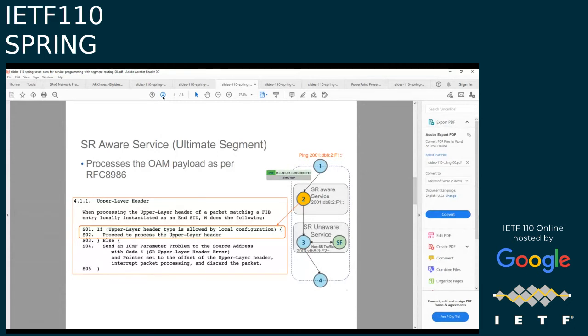Section 4.1.1 in that RFC says that if upper layer header processing is allowed, process the upper layer header. In this case, the upper layer header could be UDP or ICMP, and node 2 will process that and send the response to the ping message. And that is the case for pinging an SR aware service where the service is the ultimate segment. Next slide, please.